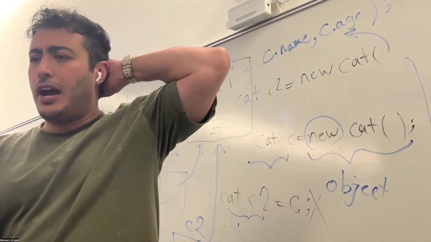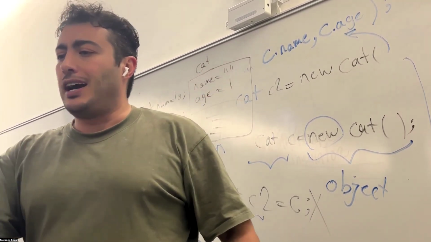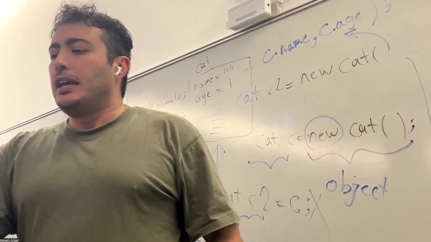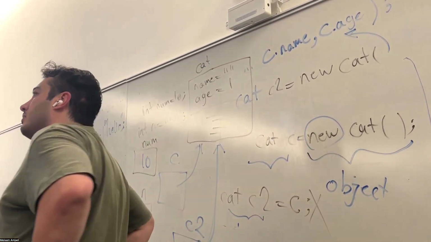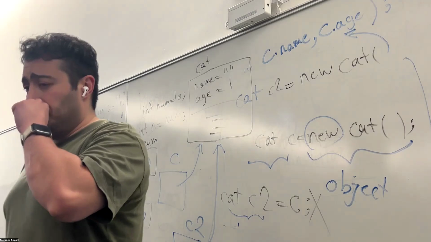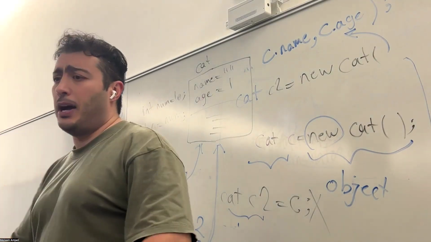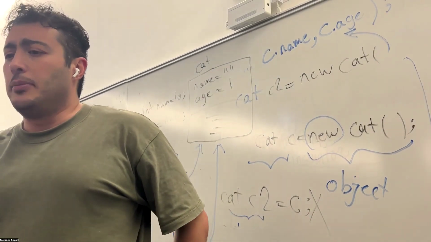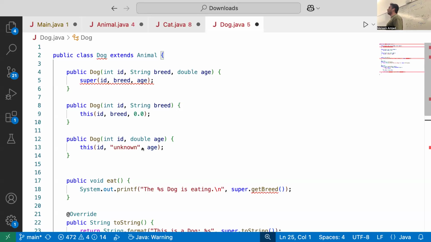So the whole idea of writing a JUnit class is just an elegant way of testing things. Like if I want to test this dog class, let's forget about JUnit for now.